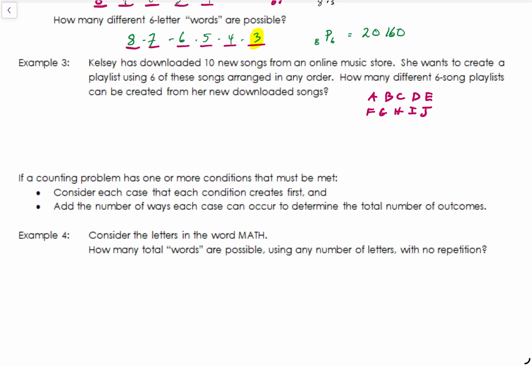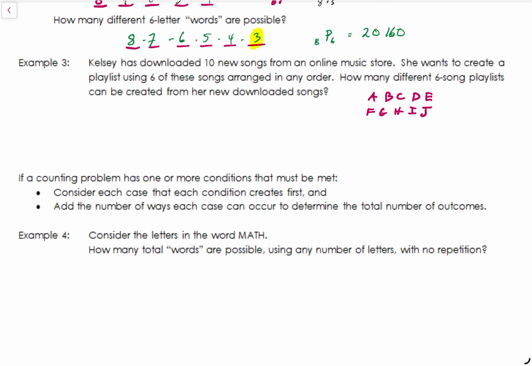They're just songs. So Kelsey has downloaded 10 new songs from the online music store. She wants to create a playlist using 6 of these songs arranged in any order. How many different 6-song playlists can be created from her new downloaded songs?